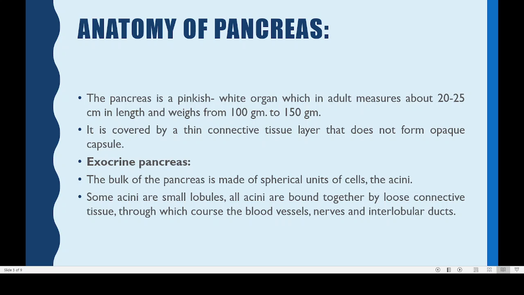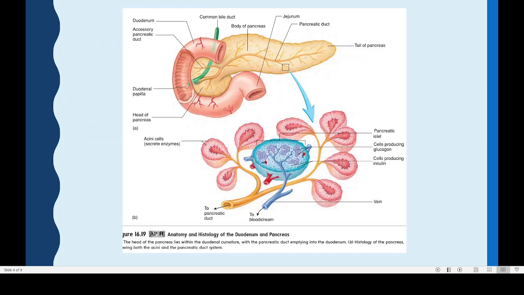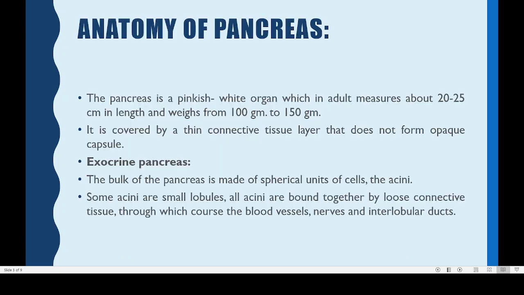These spherical units present in the pancreas are known by the name acini. If you enlarge this, we can find this kind of spherical bag, and each bag is known as an acinus cell.